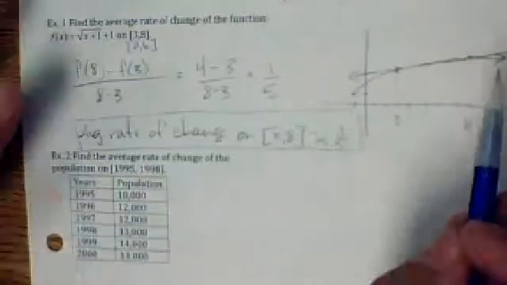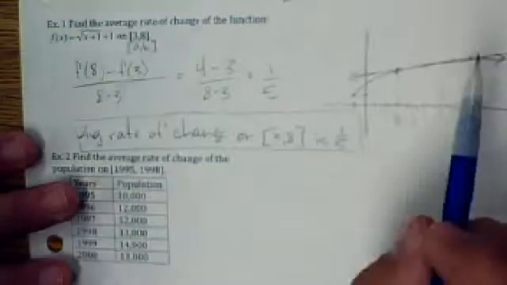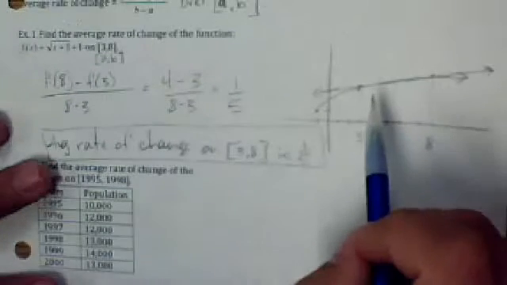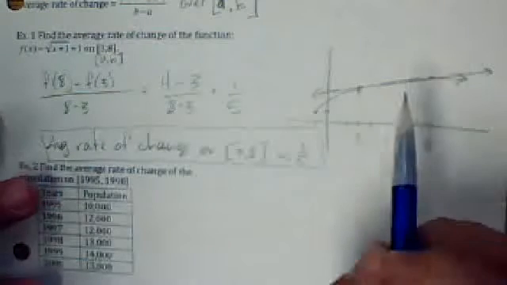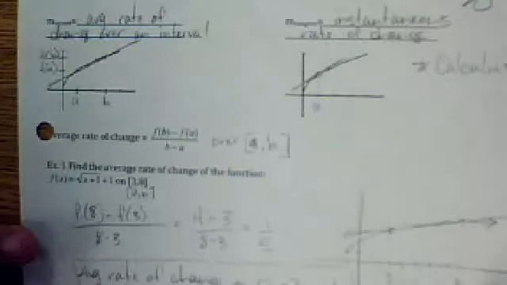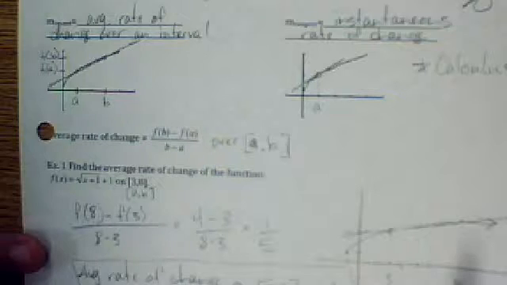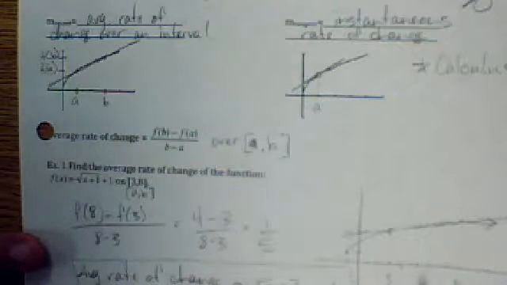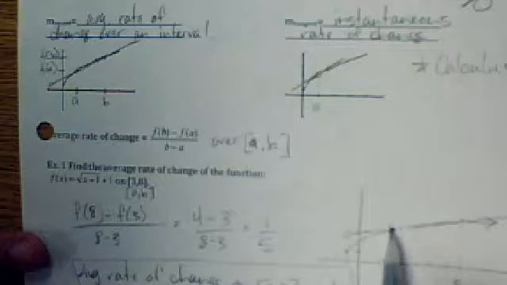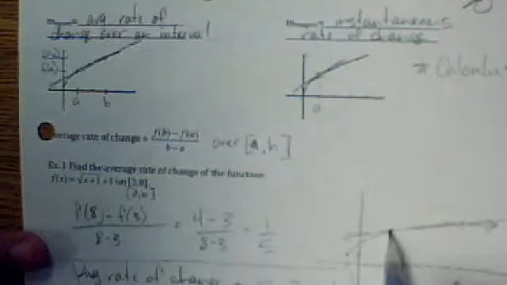Now, one way of finding an average rate of change, you can actually use this method to get very, very close to the instantaneous rate of change. Okay, and this is something that I like to show my students. Let's say that I don't know how to do calculus, but I want to know what the instantaneous rate of change is right there at 3.